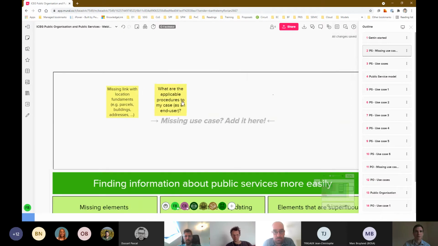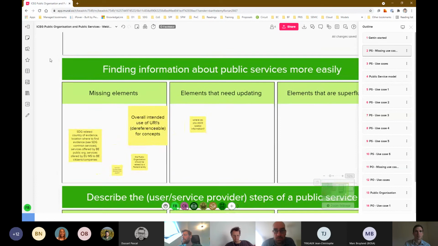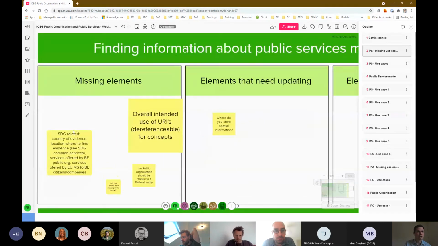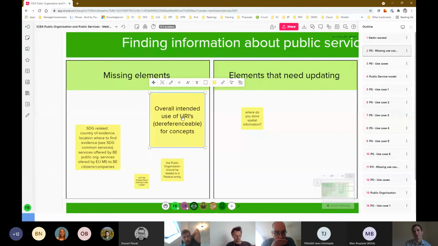Bernard, I've also added the other use case you mentioned: what are the applicable procedures to my case as an end user? About the information we miss, so the kind of guideline on how we are going to use URIs for the concepts, yes, that's something we intend to do.